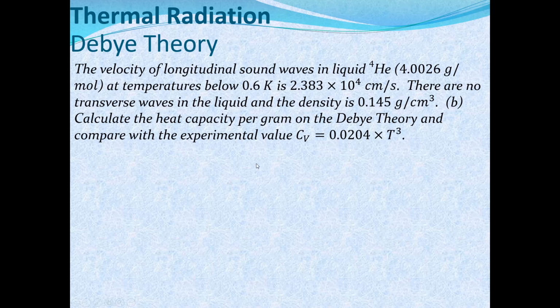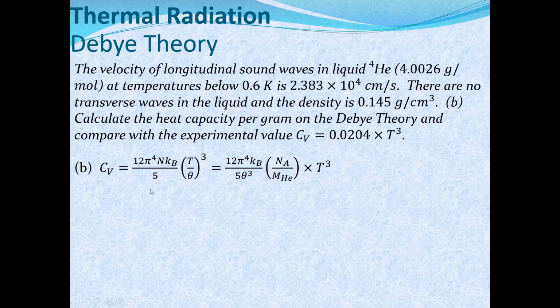All right, so what we're going to do is use the specific heat using the Debye theory like this. This is what we had before, and I don't really think there's much that we can do. We're going to leave the T cubed out just like they had here so that we can compare the constant numbers.